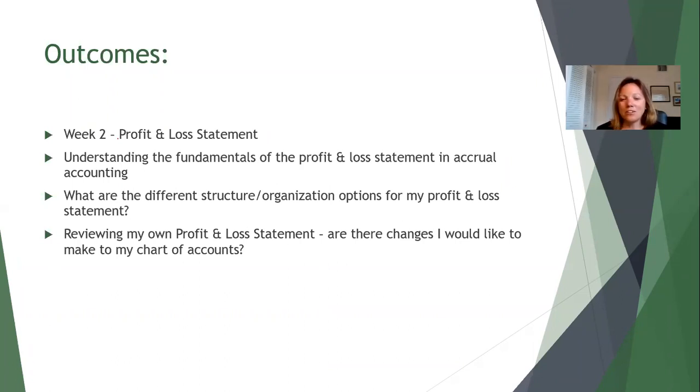Keep in mind that my belief is that it should reflect how you want to see it. Obviously there are some structure rules, but ultimately the organization of your expenses should be in a way that fits your business. So we can cover a little bit of that, and then reviewing our own P&Ls and the changes that I would like to make.